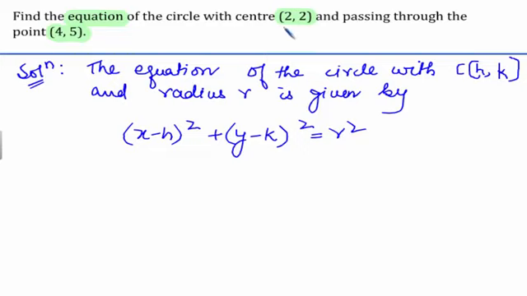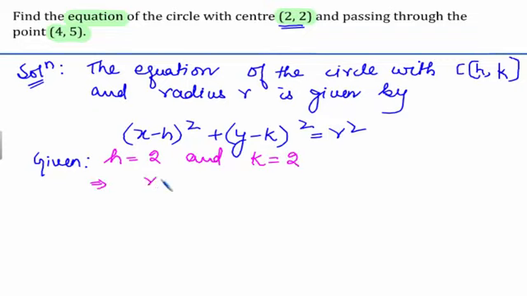Now here the center has coordinates (2, 2). Therefore, we are given that h is equal to 2 and k is equal to 2. So this implies the standard form of the equation can be written as (x minus 2) whole square plus (y minus 2) whole square is equal to r square.